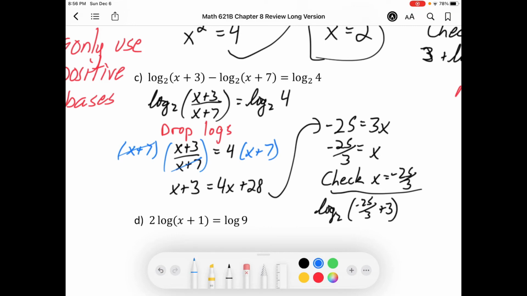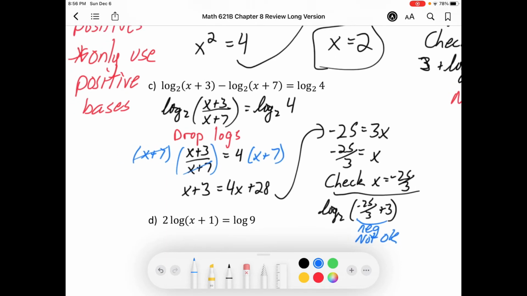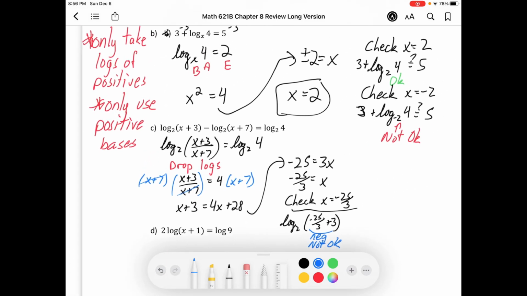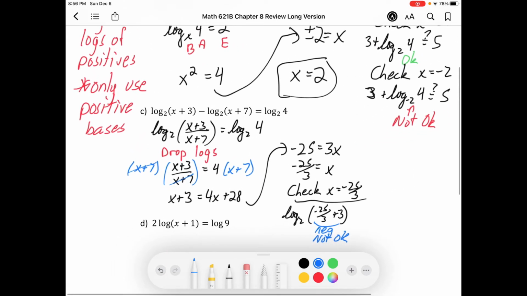Now, I can tell you that this is going to be a negative number, so it is not okay. We can't take the log of a negative. We've got it right over here. Only take logs of positives. So this one possible solution we found did not work. So I'm going to cross it out, and I'm going to write really clearly for my teacher, no solution.